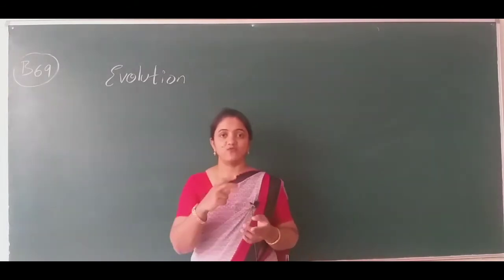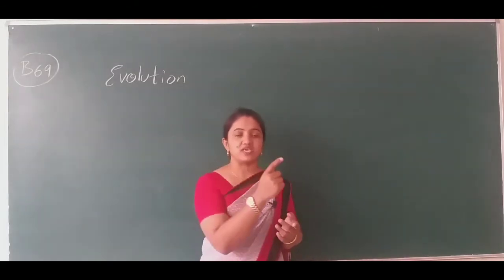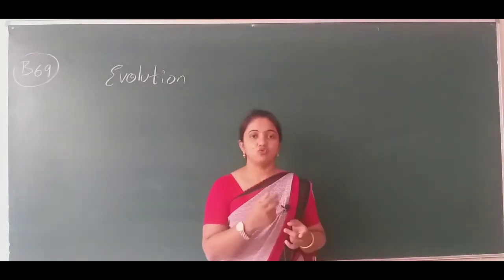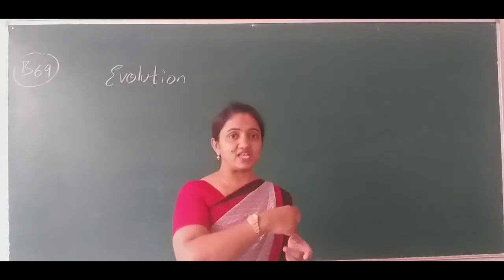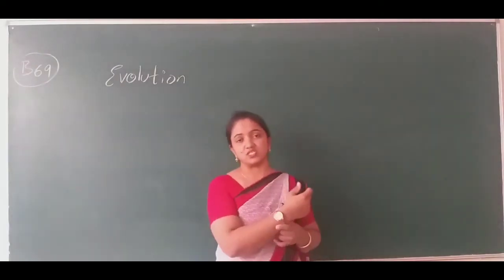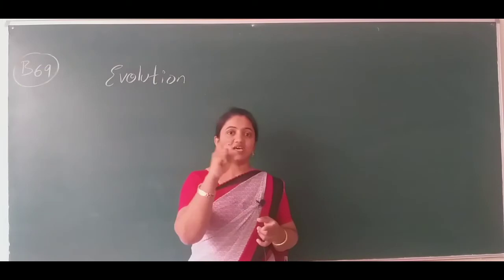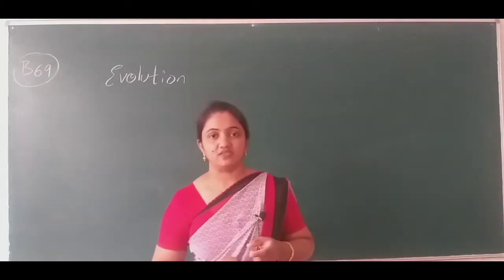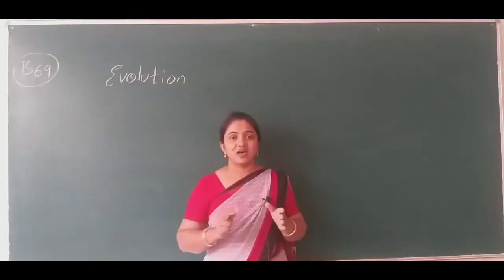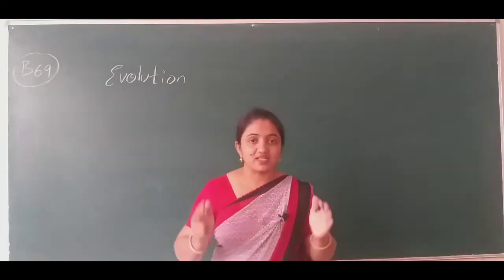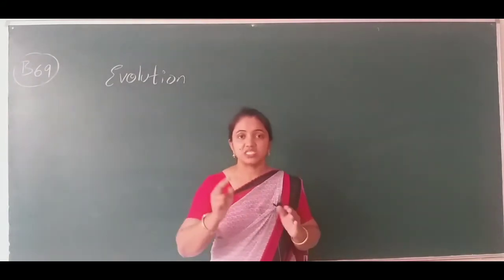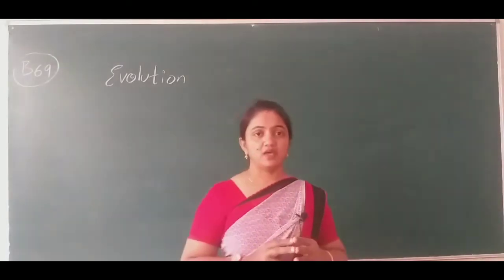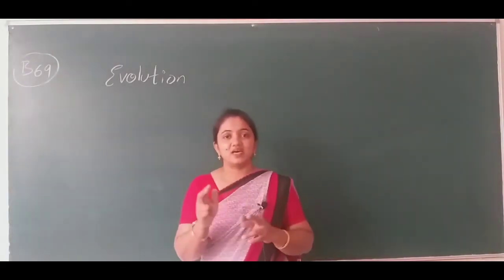Those organisms will survive more which adapt to the extreme environment, which adapt themselves, which have more resistance power. They only survive better. They are known as the fittest organism. So these two are other descriptions of Charles Darwin. Okay. One more scientist came, known as Alfred Russell.